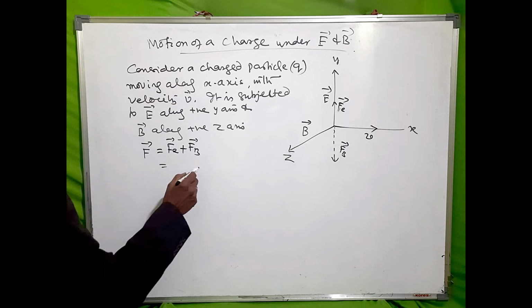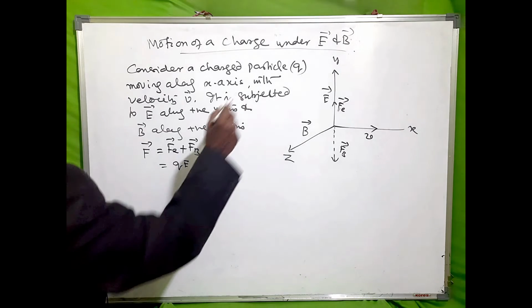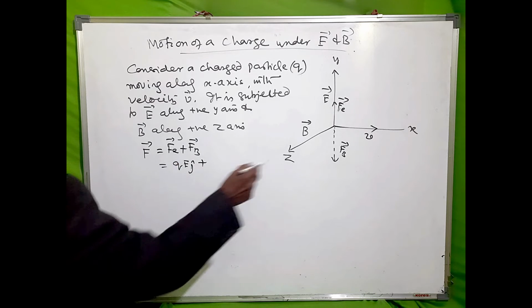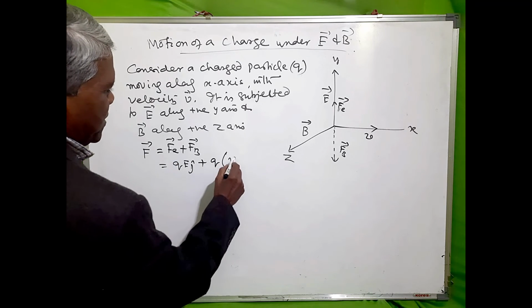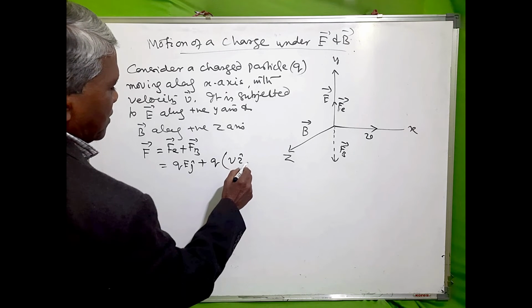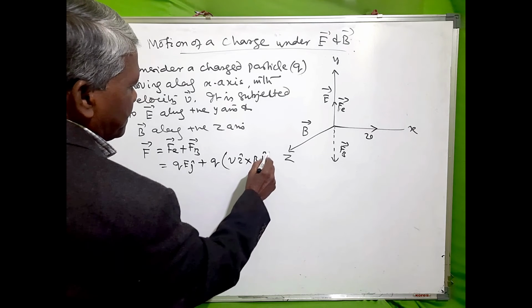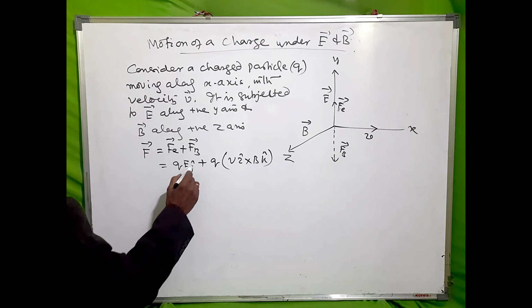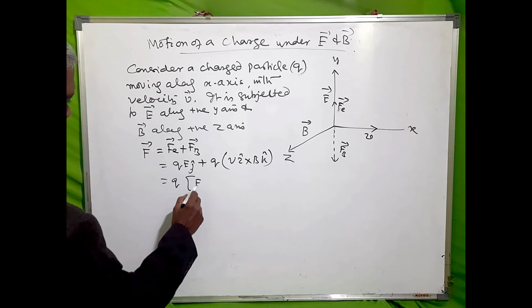So this is F is equal to Q E j cap plus, due to the magnetic field, the force is Q V i cap cross B k cap. So here you can find Q E j cap.